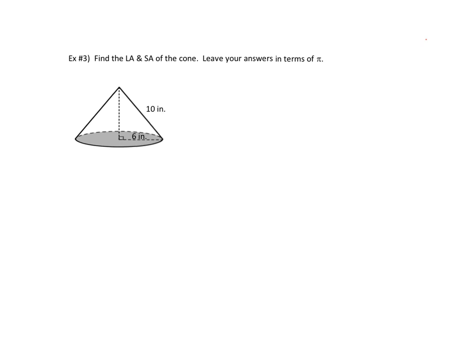All right. Last one. This one says find the lateral area and surface area of the cone and leave your answer in terms of pi. Lateral area first is 1/2 times the perimeter of the base times the slant height.